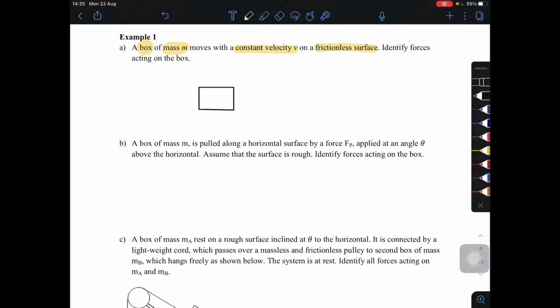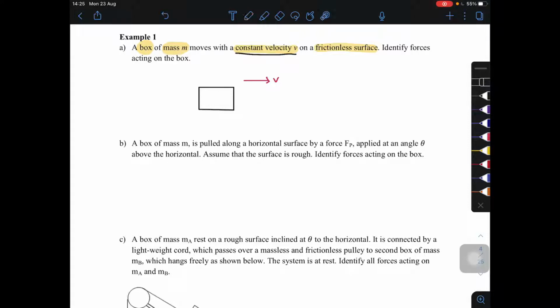So this is a box, and this box moves with constant velocity, but we're not given the direction. Kita tidak dibagi direction, adakah dia to the right or to the left, but we can assume. So we can assume maybe the direction is to the right. So lukislah ke kanan, going to the right, and then symbol V.